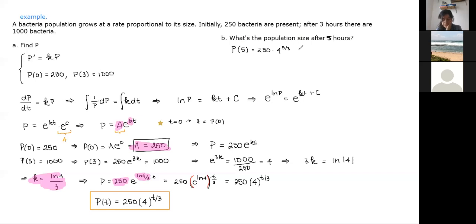If you plug into your calculator, you'll find that this will be 2,519.8 something, which is approximately 2,520.